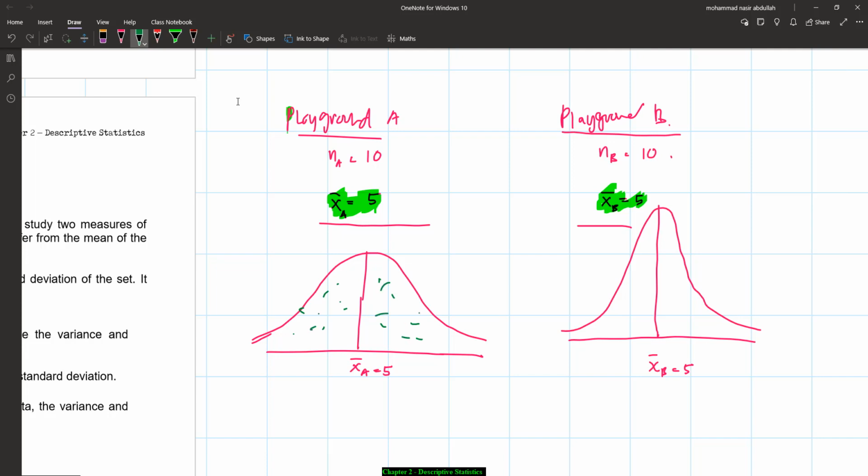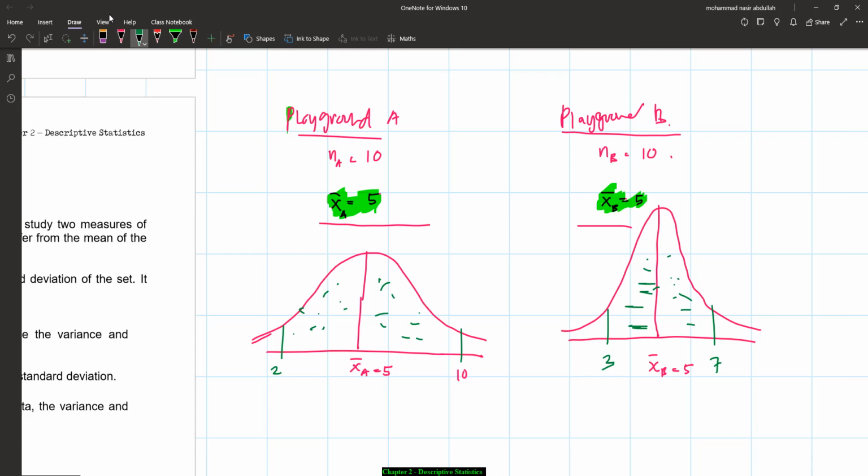Maybe the smallest age is 2 years old and the largest is 15, for example, or let's say 10 years old. For B, let's say this is 2 and this is 7, so the distribution is around the mean, or maybe 3 to 7.